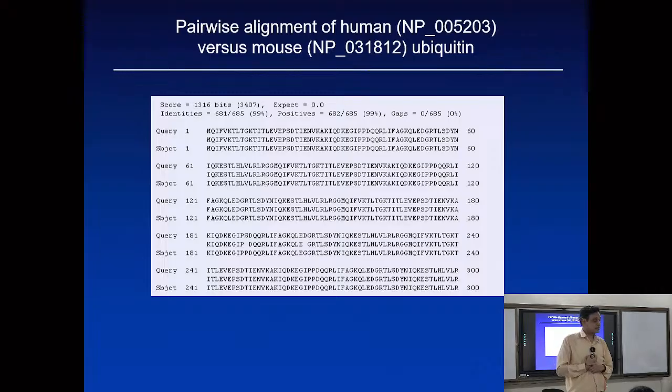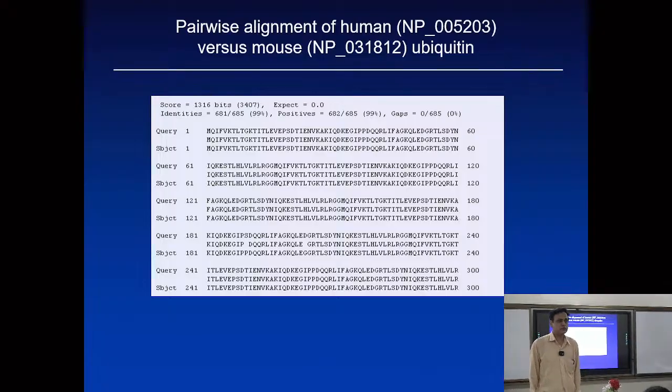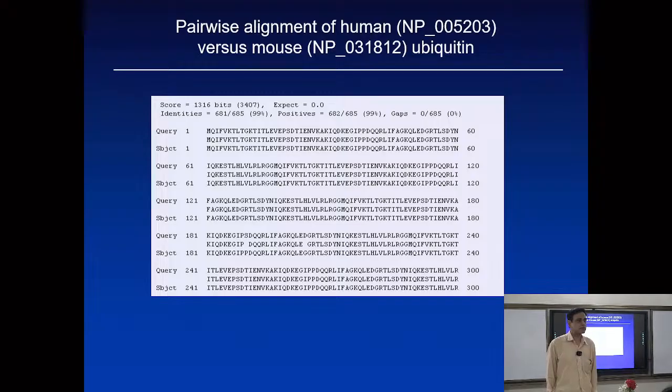This is a challenging question. People would want to use one of these matrices in order to infer whether the sequences are related or not. So the best way to approach this problem is to use all these different PAM numbers, maybe PAM1, PAM100, PAM250.